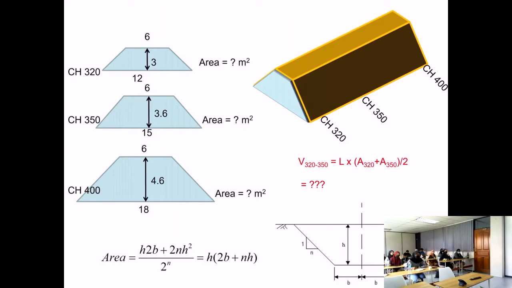Using the concept just now, this formula, I draw this trapezoid section of the first one, which is chainage 320. The road width is 6 meters, 3 meters on each side, so the top of the road is 6 meters.